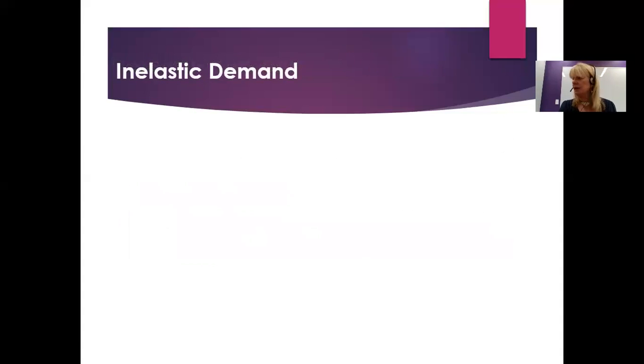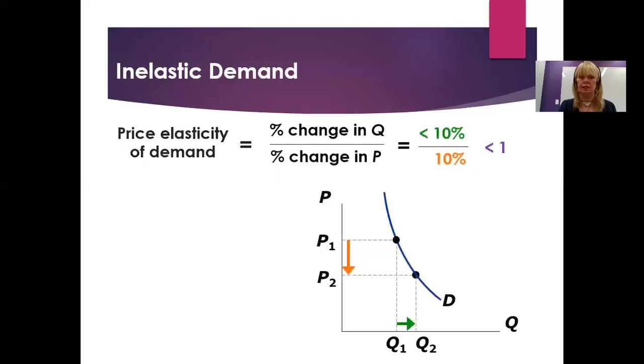So let's talk about that inelastic versus elastic in a little more detail. Inelastic demand simply means that the change in price is greater than the change in quantity. Price is going up faster than quantity is going down. That's inelastic demand, and it looks like this.